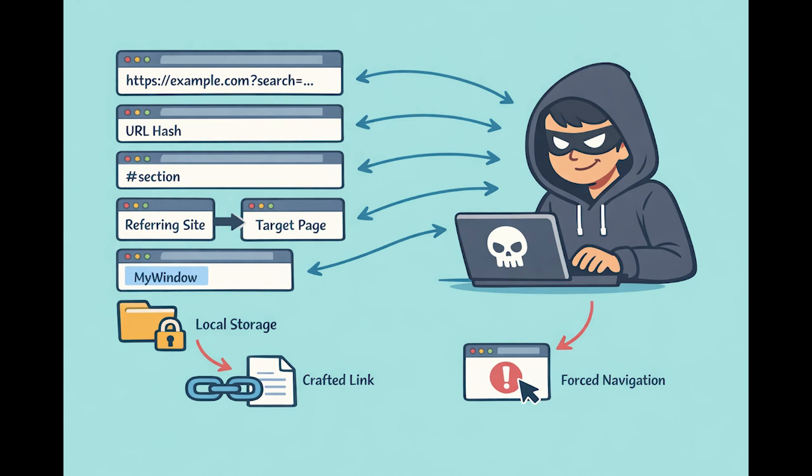Common sources. A lot of sources are from the browser itself, meaning BOM-style data. location.href, location.search, location.hash, document.referrer, window.name, or localStorage. These are all things an attacker can influence by sending a crafted link, opening a page in a certain way, or controlling navigation.